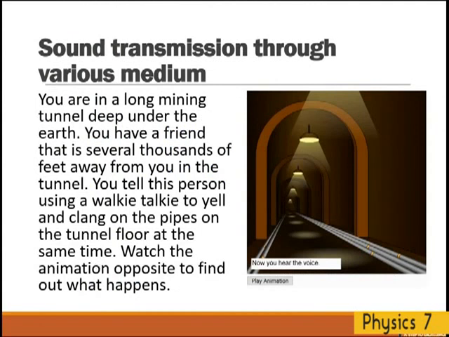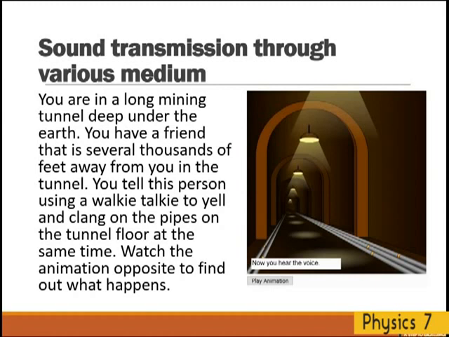So hopefully what you should have noticed from the animation is that as the individual who is 7,000 feet away along the tunnel hits the pipes, the sound travels along the pipe very quickly compared to the sound that travels through the air.